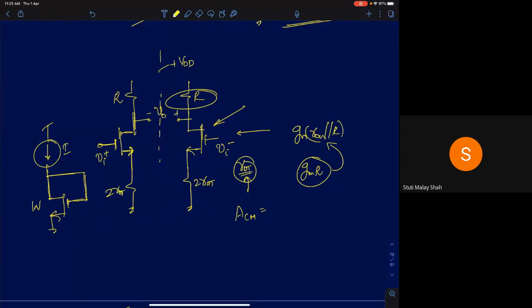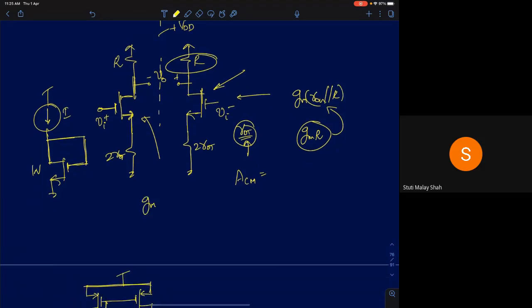So what will be your common mode gain now? A_CM will be approximately gm R upon 1 plus 2 gm ROT. I'm ignoring r_o of this MOSFET, which is fine. This is an approximation we are making. So this is what you get for the circuit in the presence of a finite tail current output resistance.